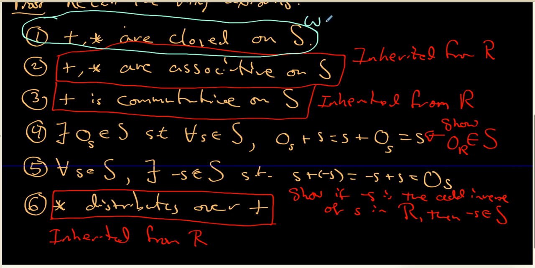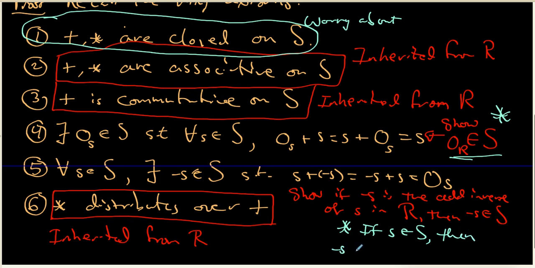And we have to worry about showing that the additive identity in the big ring R actually belongs to S. And we have to worry about showing that if s is inside S, then the additive inverse of s in R belongs to set S. So we basically have three things to worry about, and the other ring axioms are inherited from R. So let's tackle each one of these issues one at a time.